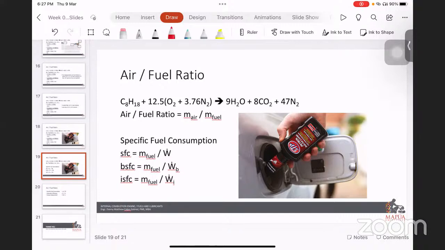Kung yung brake work or indicated work or yung frictional work, you will have your specific fuel consumption. Kapag ginamit mo ay yung brake work, then the brake specific fuel consumption. Kapag ginamit mo ay indicated, then indicated specific fuel consumption. Question? Wala. Last one.